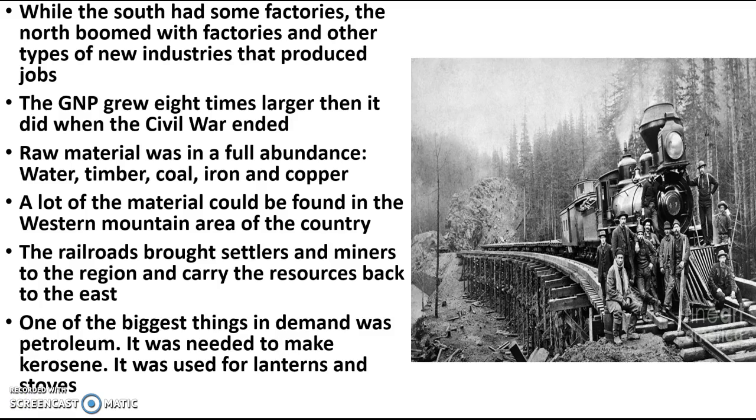One of the biggest things in demand at that time was petroleum. Petroleum is also known as crude oil or simply oil. This type of oil is needed to make kerosene. Kerosene was used to light up lanterns and stoves, so it lit up the night and it heated up homes.